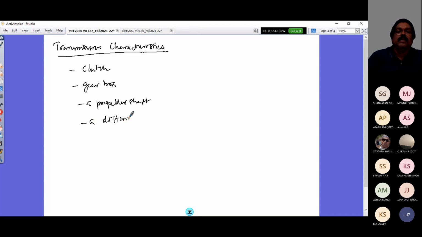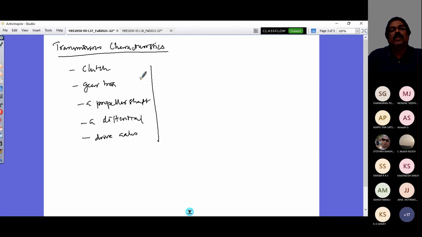And your drive axle. So these all essentially constitute your transmission system, typically for your rear drive vehicles, right?